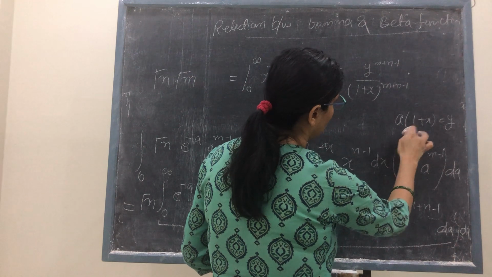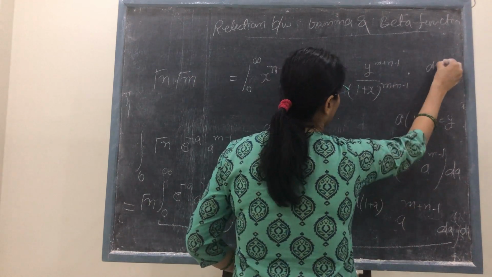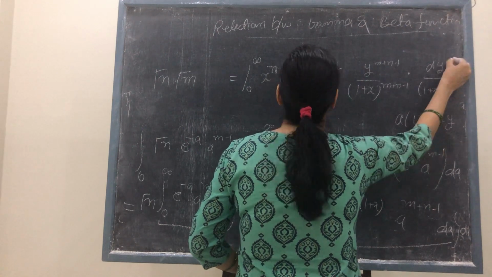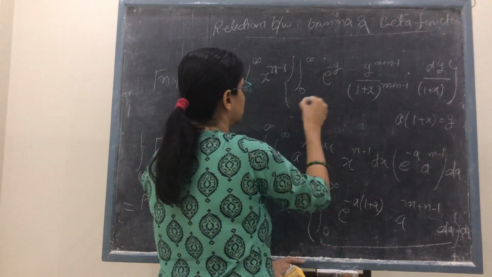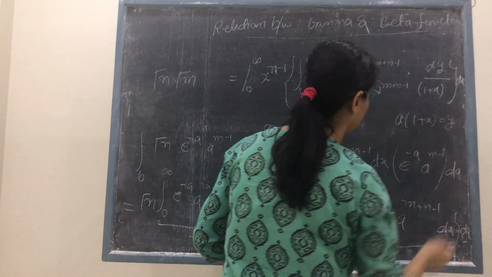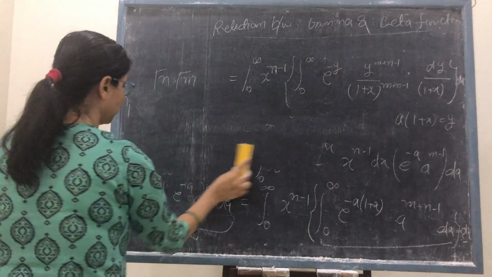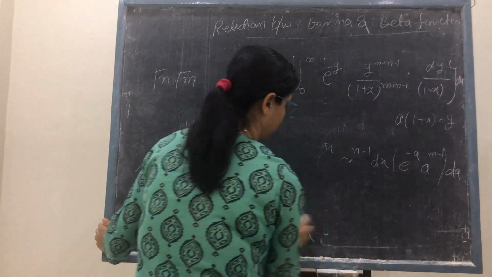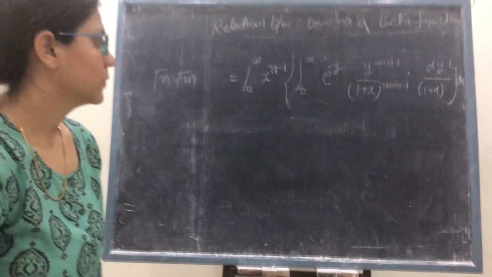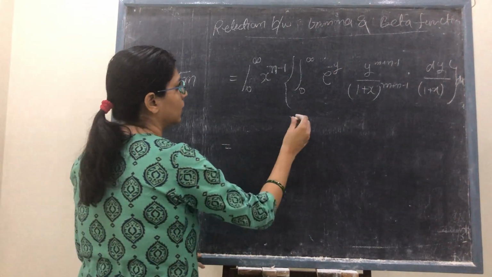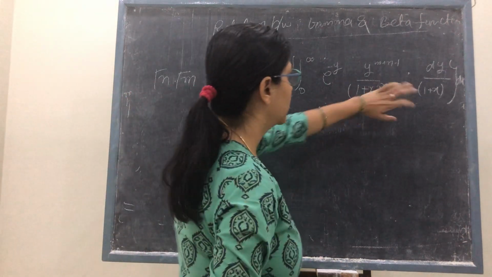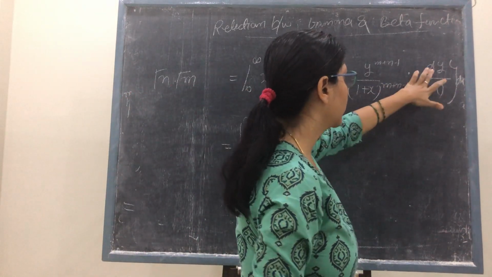This is da. So we will get da is what? d of y over 1 plus x, this is inside, and here dx. Now the integration from 0 to infinity is for y, so x should be independent of y.